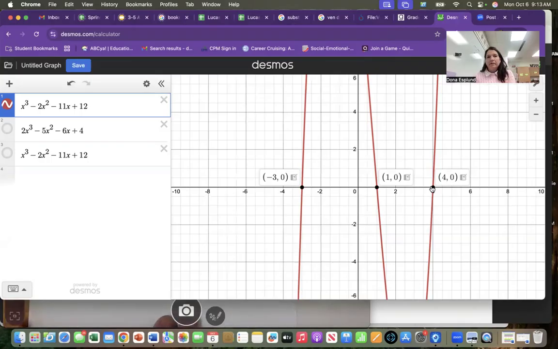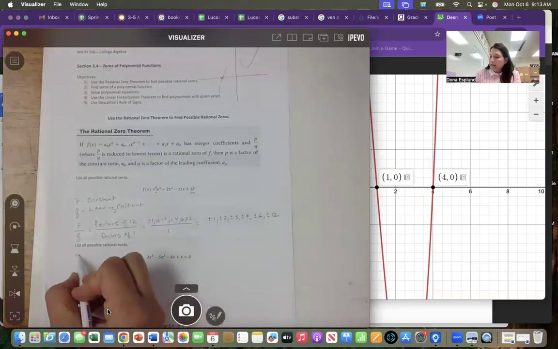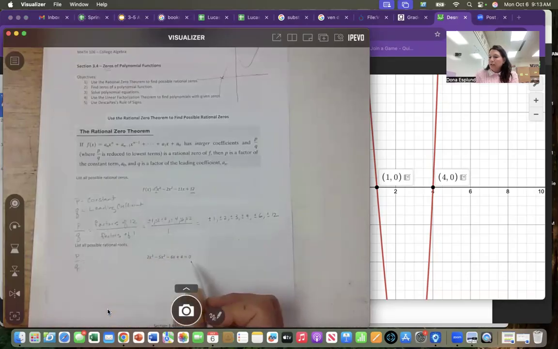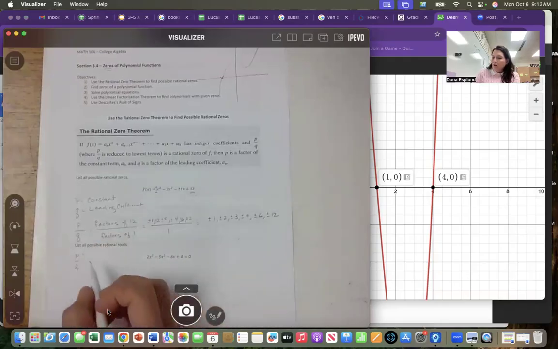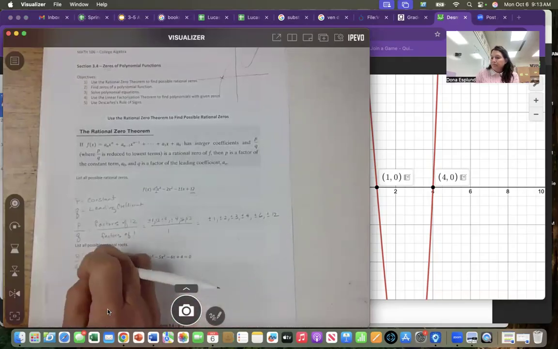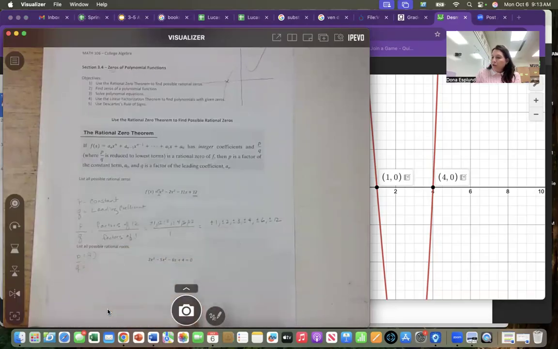So the next one, we have a different equation. Let's first identify what P is and what Q is. So P, what is my constant? 4, okay? And then I'm going to have Q, which is going to be 2.